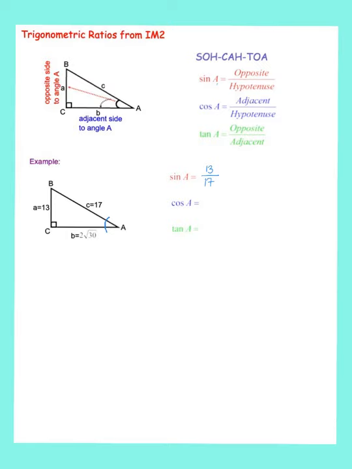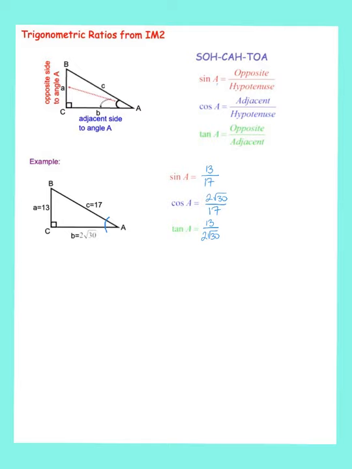So the adjacent side to A is 2 times the square root of 30, divided by the hypotenuse, which is 17. And the tangent is opposite over adjacent. So the side opposite to angle A is 13, and then we have to divide it by the adjacent side, which is 2 times the square root of 30.